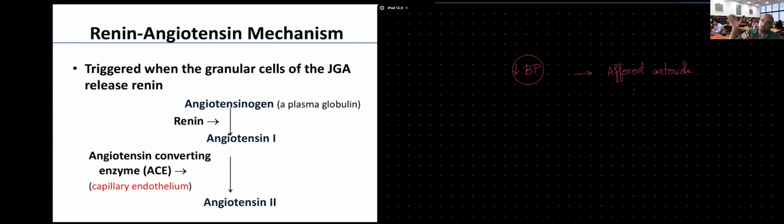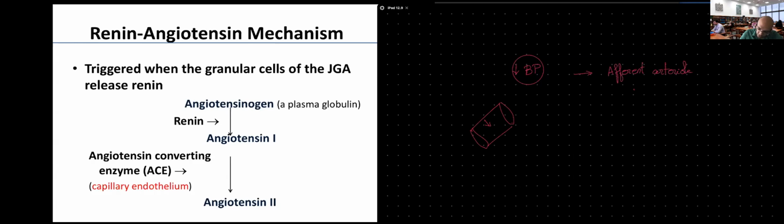So as the blood pressure drops, the amount of blood reaching those afferent arterioles is going to decline. And this will definitely reduce the tissue perfusion to the kidney, reducing its hydrostatic pressure. So the granular cells will detect that there is a decline in the degree of stretch.